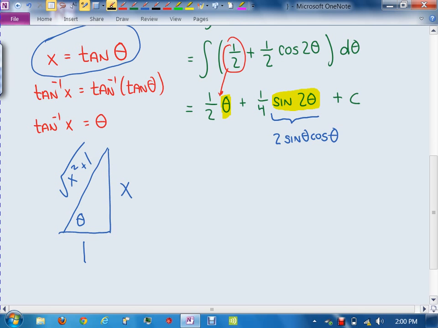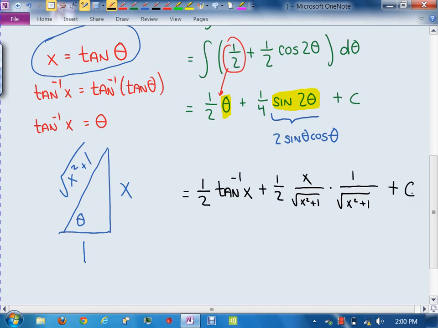So I'm in business now, okay? I'm going to roll this answer out. Equals 1/2 theta, which we said is arctangent of x, plus 1/2. 1/2 comes from the 1/4 times 2. Sine theta, which is x over root x squared plus 1, times cosine theta, which is 1 over root x squared plus 1, plus c.